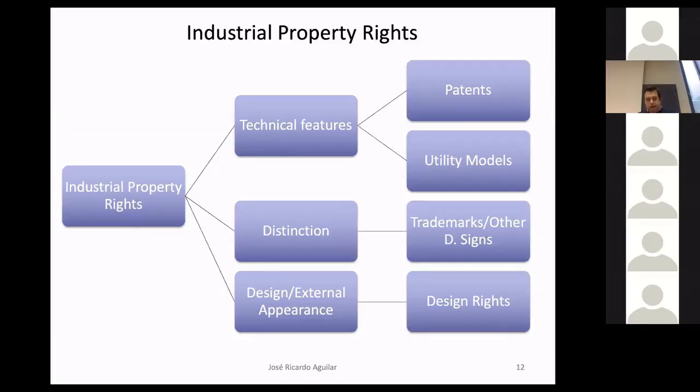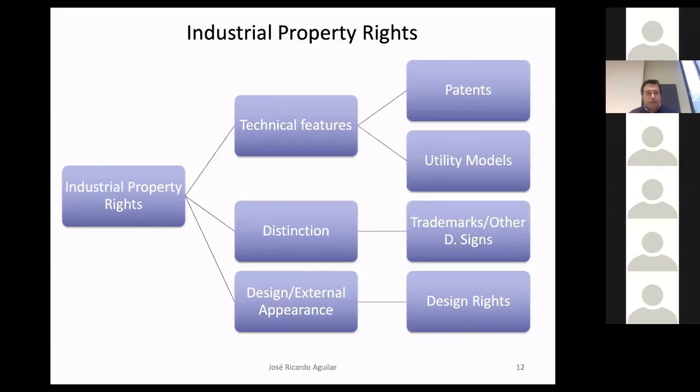You can do that using another IP right, which is a different one called trademark, a very well-known, famous one, the most famous one. And then we can also protect the design, the external appearance of a given object using a design right. So these are the three main areas of protection that we can use with regard to industrial property rights.